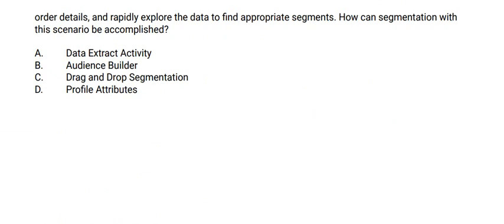Options are: option A, data extract activity; option B, audience builder; option C, drag and drop segmentation; and option D, profile attributes. The correct option is option C.